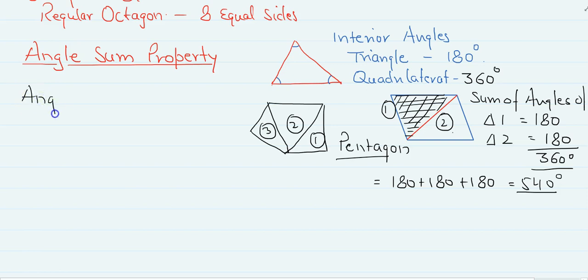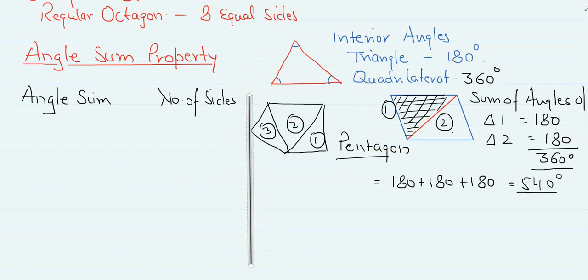So let's make a rule: angle sum and number of sides. In a triangle we have 3 sides, so the angle sum is 180. When we have 4 sides, we have 2 triangles, that is 2 multiplied by 180.